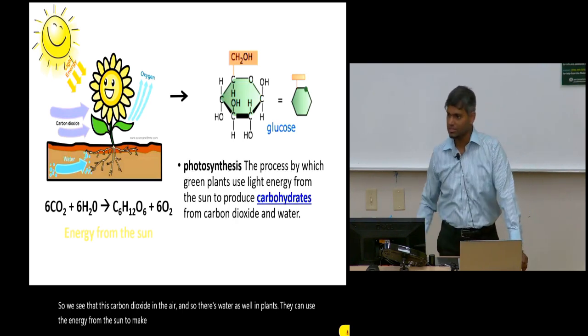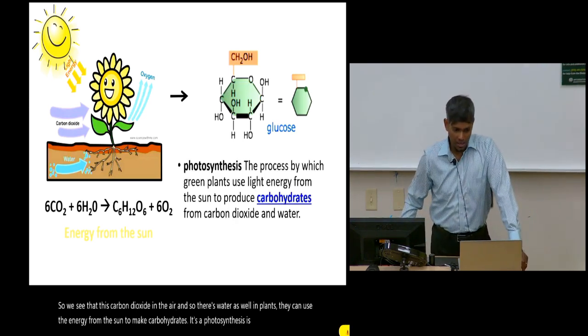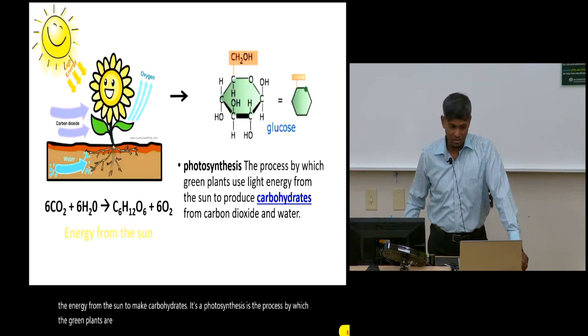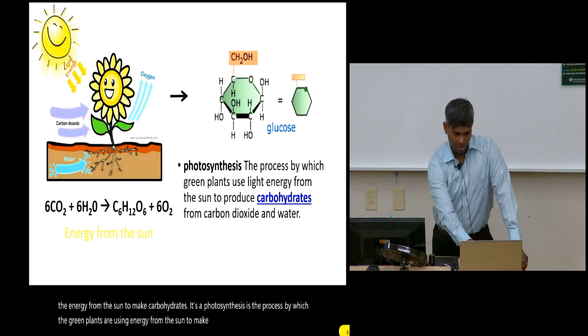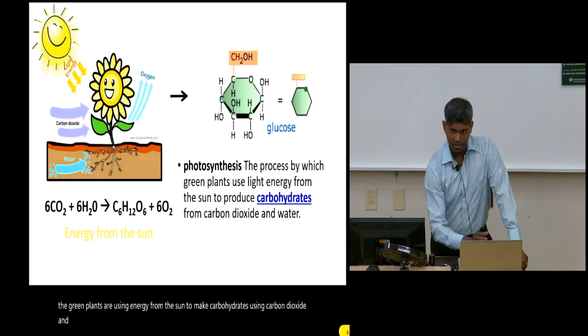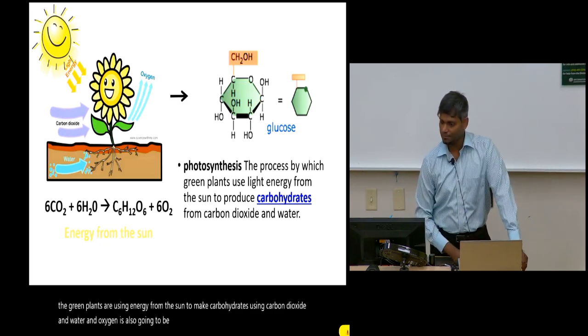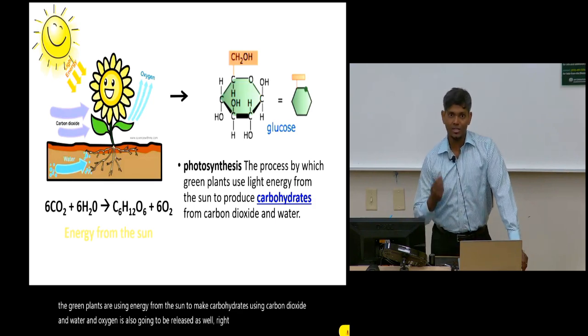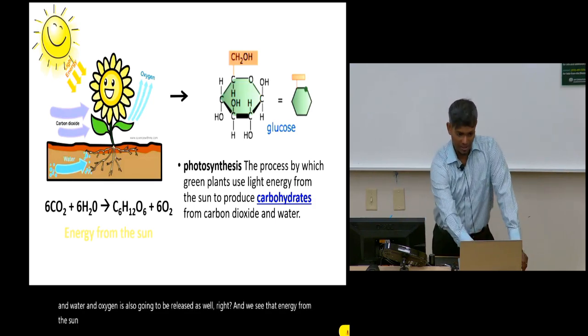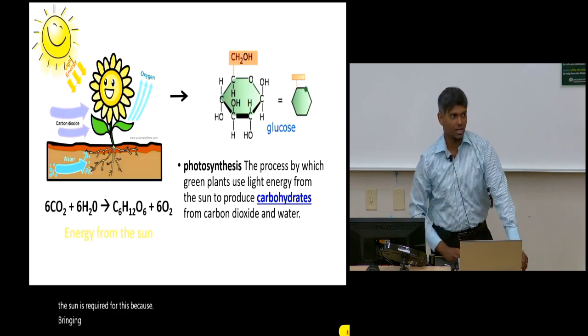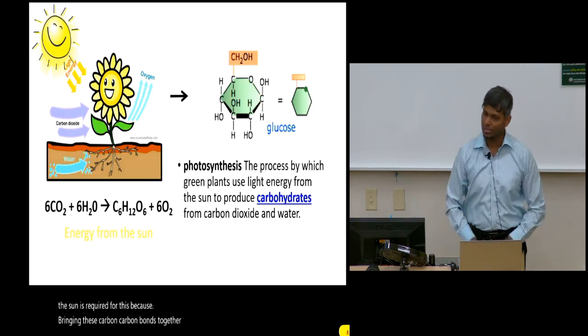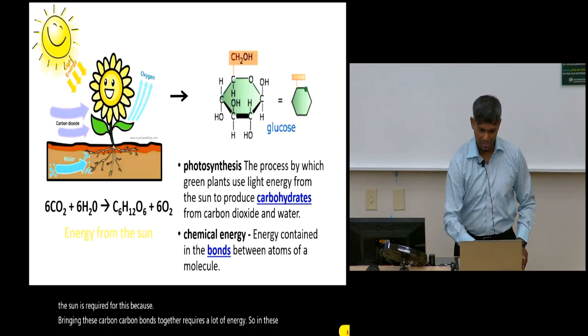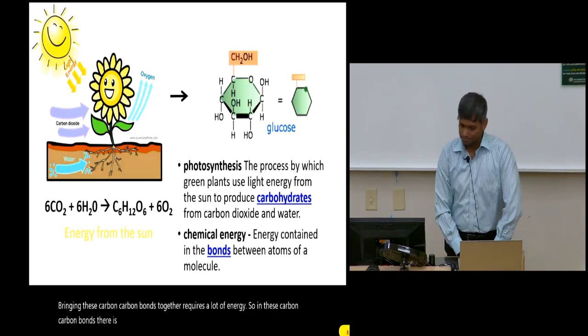Photosynthesis is the process by which green plants use energy from the sun to make carbohydrates using carbon dioxide and water, and oxygen is also released. And energy from the sun is required for this because bringing these carbon-carbon bonds together requires a lot of energy. So in these carbon-carbon bonds there is chemical energy.